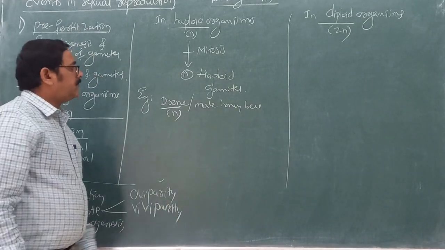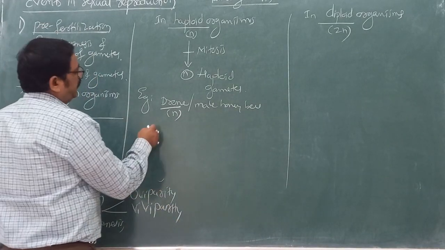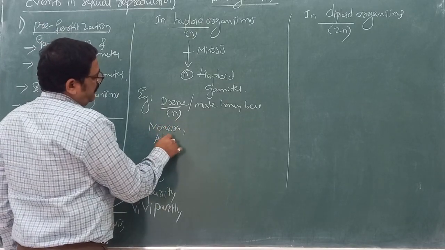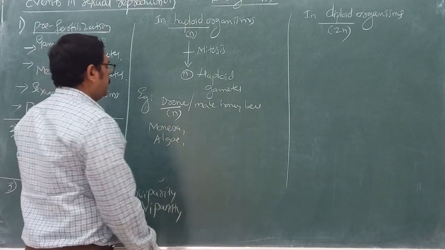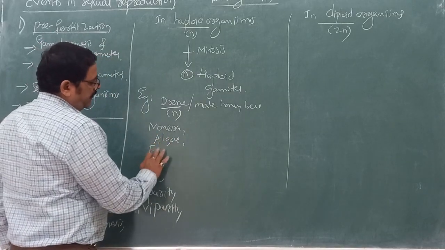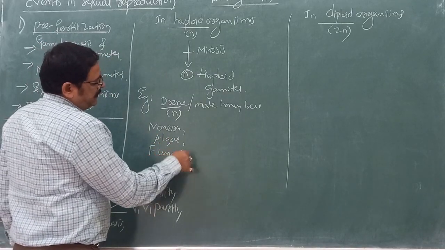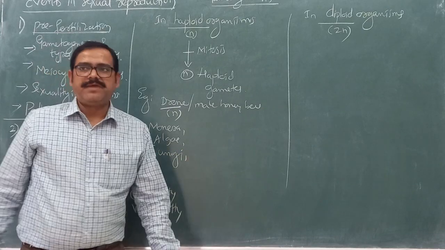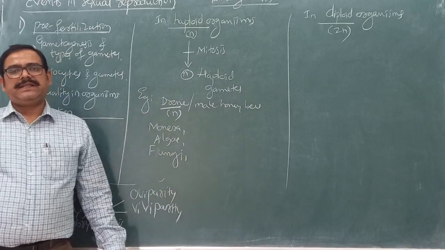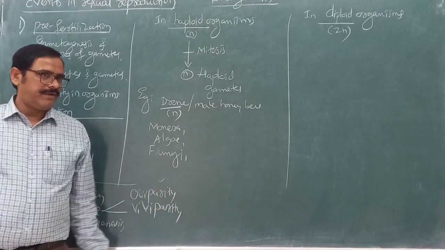Even certain Monera, algae, and certain fungi, most of them may be haploid. So they undergo mitosis and produce haploid gametes.